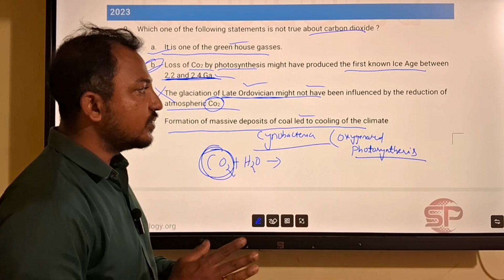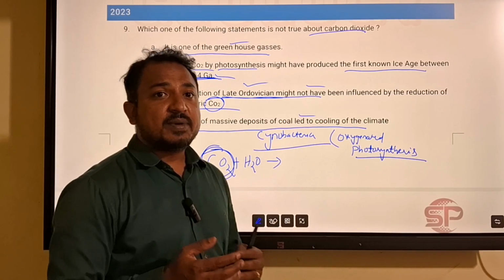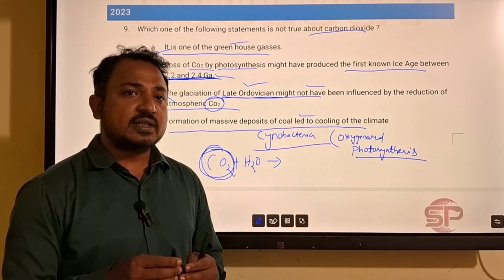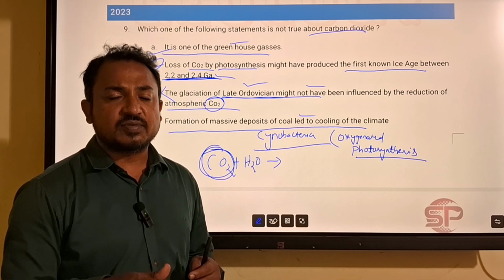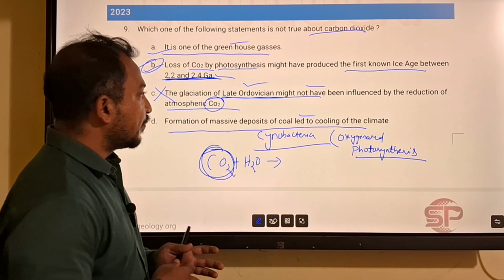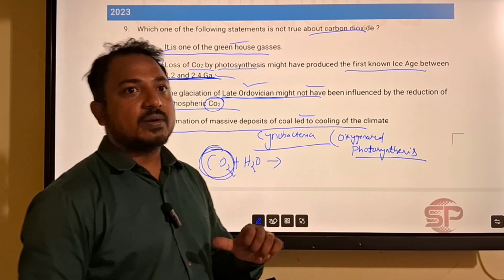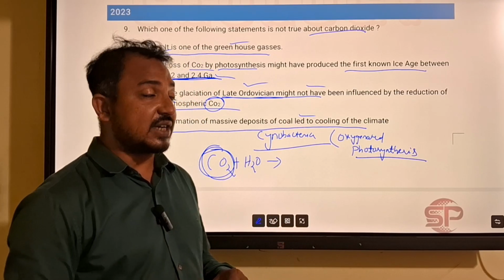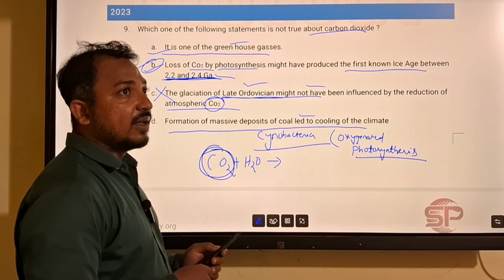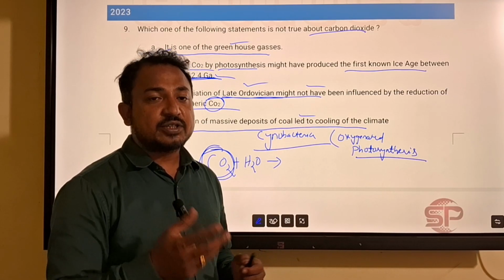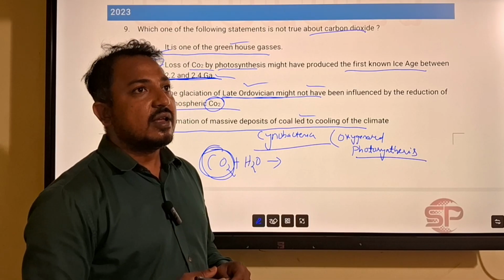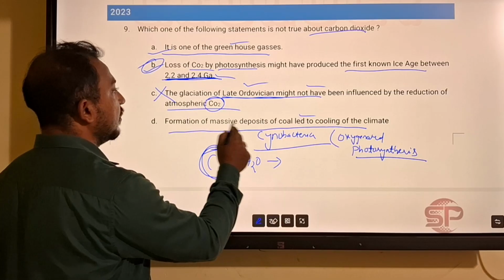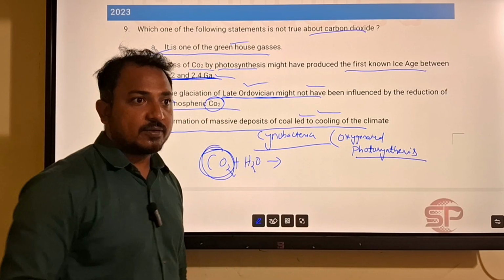If it does not decompose, the carbon present within the plant is sealed away in the subsurface of the earth. So because of massive burial of forests during Carboniferous time, the carbon dioxide cannot be released to the atmosphere, so that also decreases the carbon dioxide percentage within the atmosphere, which can cause cooling of the climate.